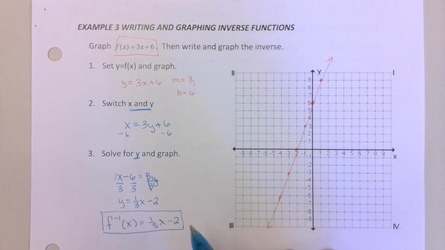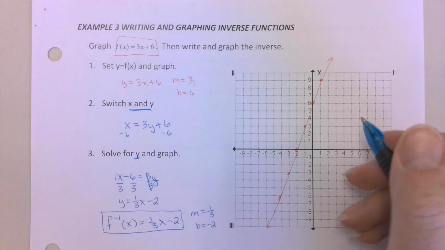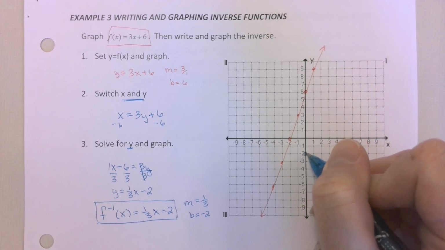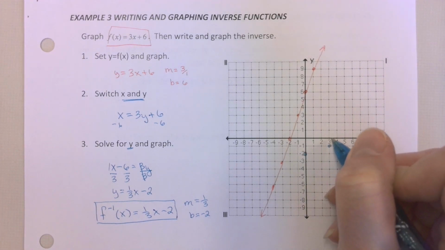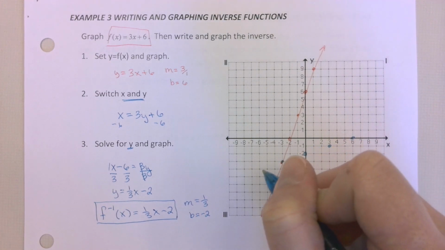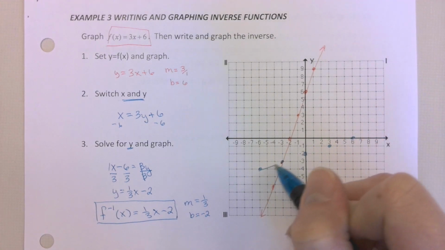So I'm going to go ahead and graph this with a slope of 1/3 and a y-intercept of negative 2. And so when I put this on my graph, I start on the y-axis at negative 2, I rise 1, and I run 3. Go ahead and do a couple more points to make it accurate, and I'll sketch in my line.